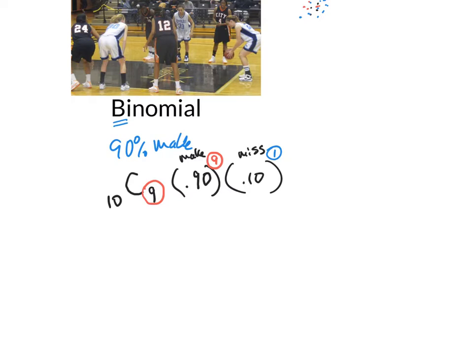If you round to 3 decimal places, let's see what you got.